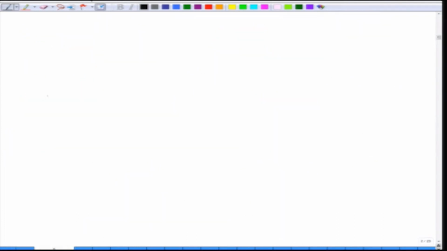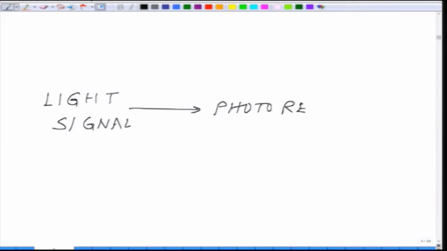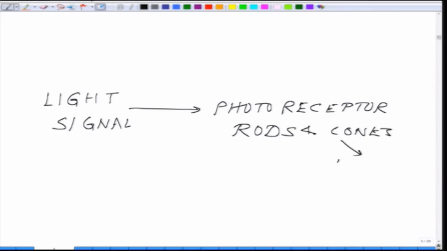So, here you have the light signal falling on the photoreceptor, which includes rods and cones. Depending on the situation, it could distinguish the color component, and if it is dark, it is not going to do so, and the intensity.